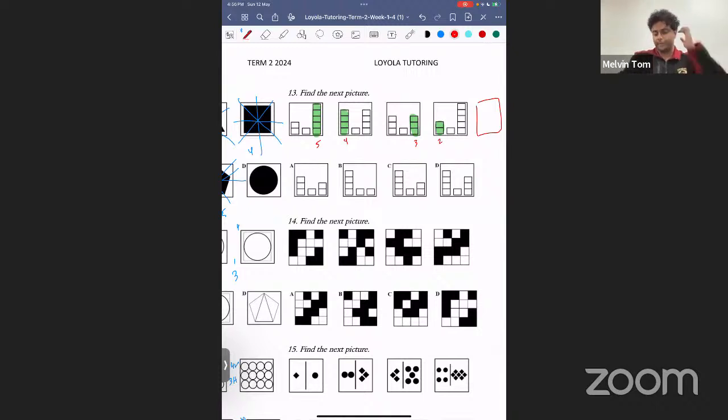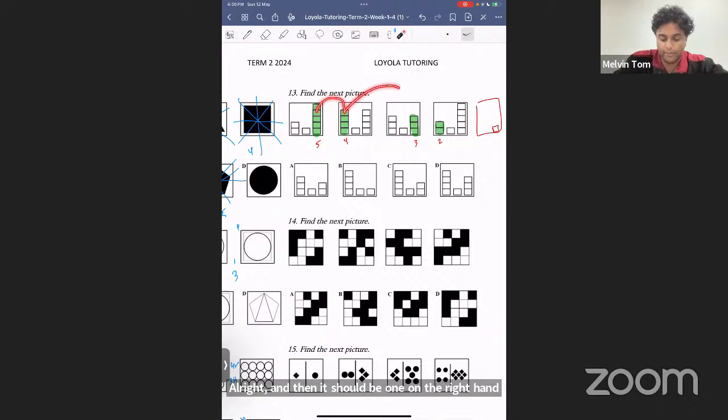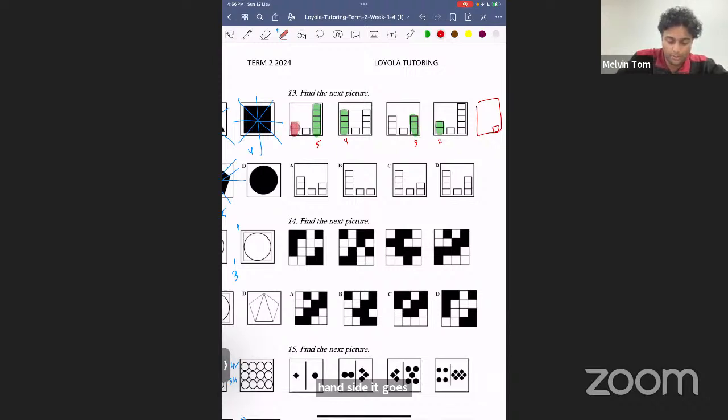1 on the right-hand side, right? Clear pattern: 5, 4, 3, 2, 1. The middle one stays the same, 1, 1, 1, 1. And the left-hand side goes 2, 4, 3, 5.